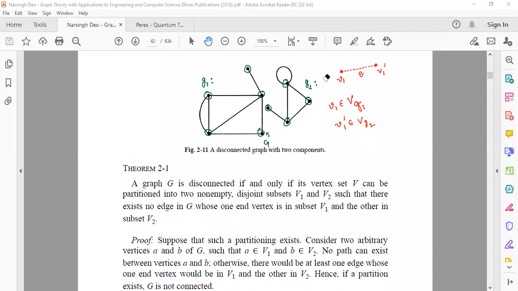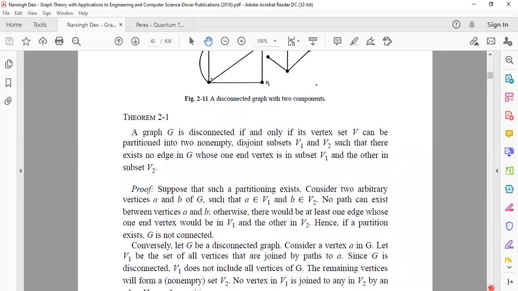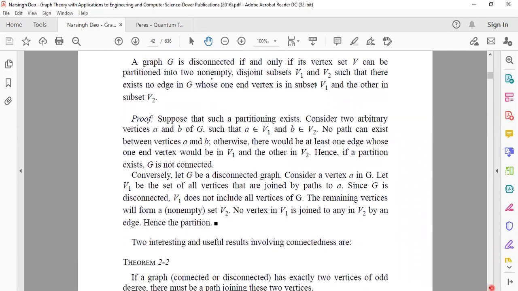Okay, so you just go through the proof as it is mentioned over here. I'll ask you to read the proof, because in graph theory, whenever you are going to deal with a problem, these solved examples or solved proofs will help you to get acquainted with the process by which the problems can be dealt.